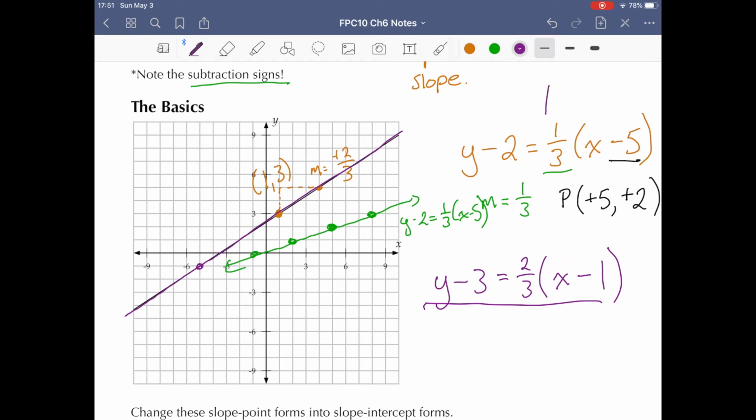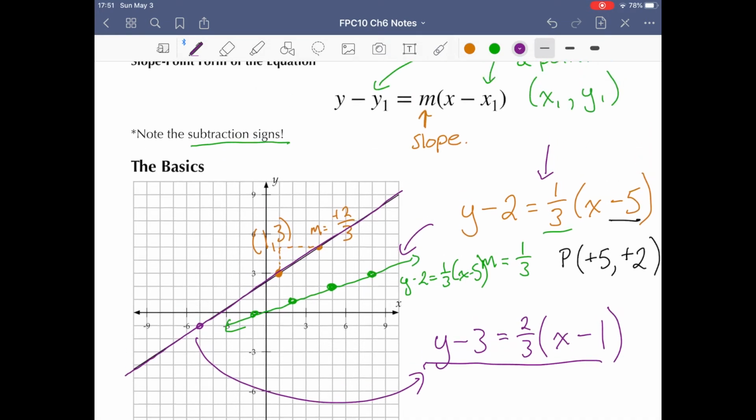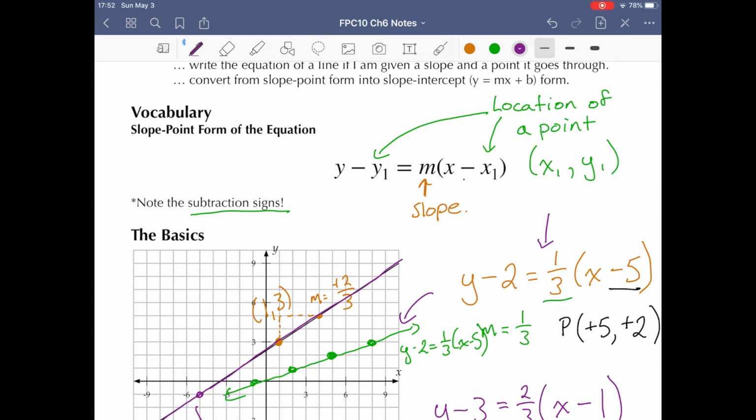So you should be able to take an equation, create a graph. Take a graph, create an equation. Going both ways. Remember, these subtraction signs here tell you to swap the sign for the location of the point.